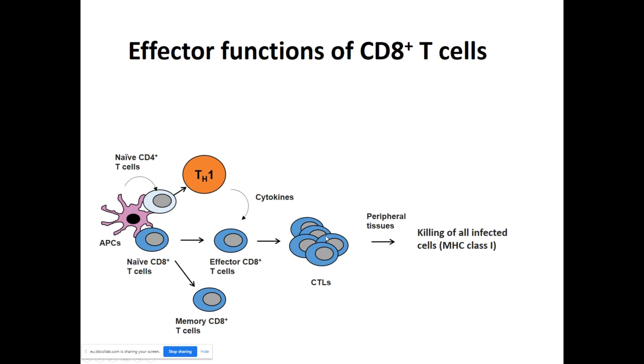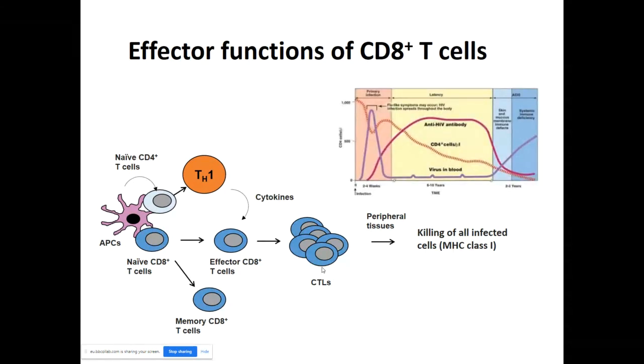Okay, this is extremely important. If you don't have these CD4 positive T cells, you're not going to have full activation of cytotoxic T lymphocytes. This is extremely important at this stage. And I will show you here the example why.